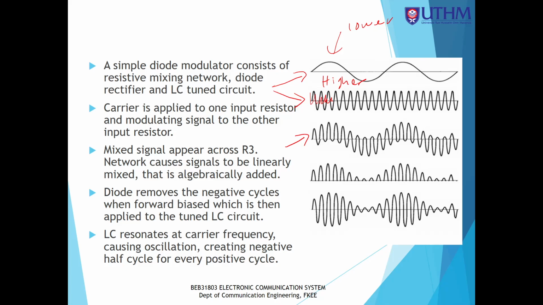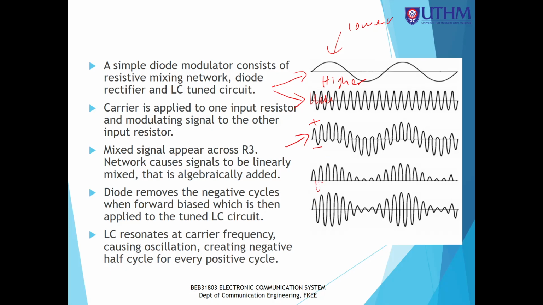From this signal, we initially have the positive cycle and also the negative cycle. The signal is supposed to go down to the negative side like this, however the diode prevents the reverse bias. So when the signal moves from positive to negative, it will be cut off.